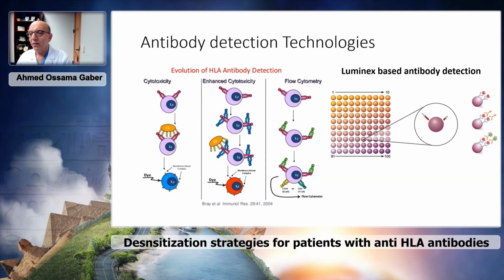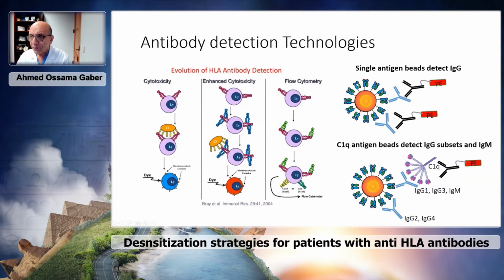Now we put the blood on these beads. These single antigen beads, each one of them has a multitude of antigens on it. Then you add the blood, and then you add phycoerythrin, which is a fluorescent tag. Knowing which antigen is in each bead, the computer does that, of course, because there are thousands of antigens on the bead.